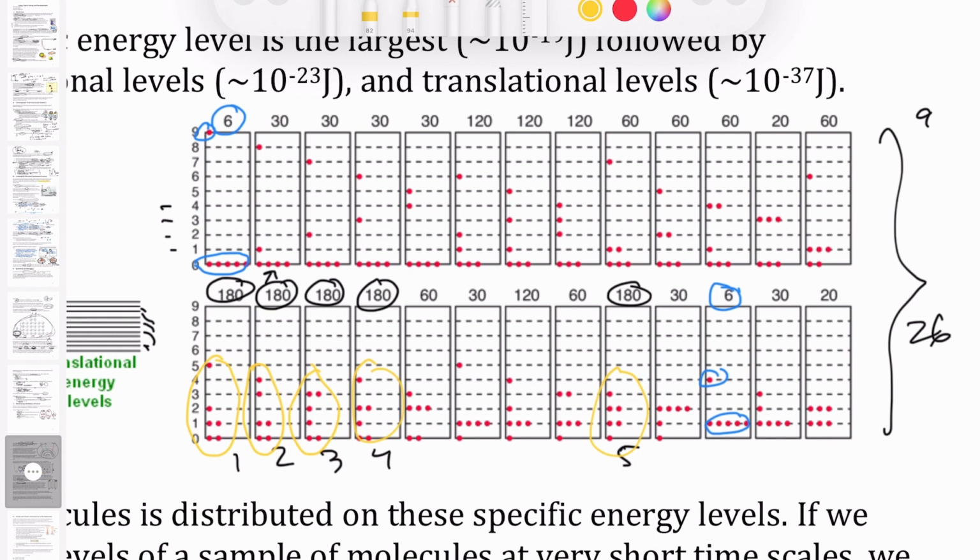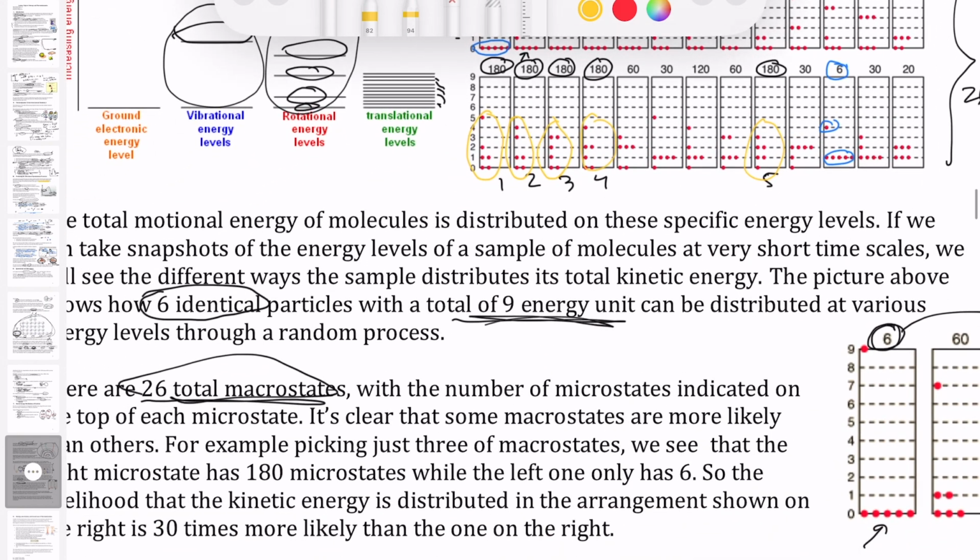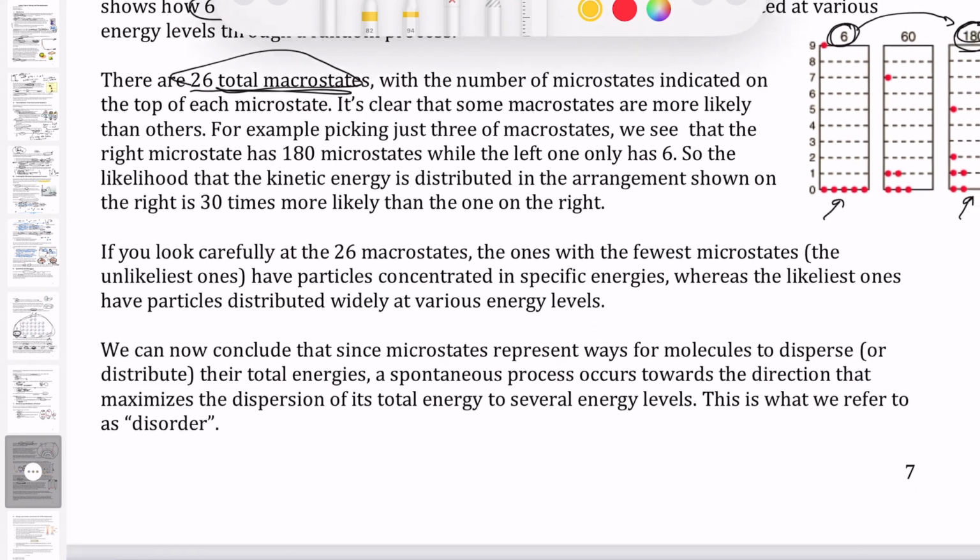So what you can see is that you can start seeing the connection between that idea of disorder and the idea of microstates. When we say disorder, we really just mean that that is the state that has the most number of microstates, which allows the particles to be distributed more widely. Whereas the state with the smaller number of microstates forces the particles to be in a specific arrangement, and that is not preferred by the system.